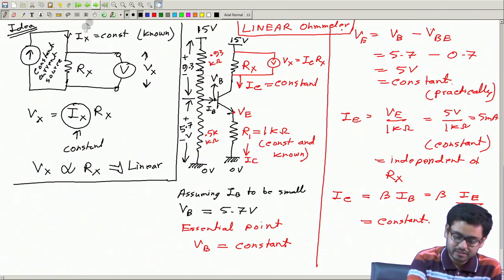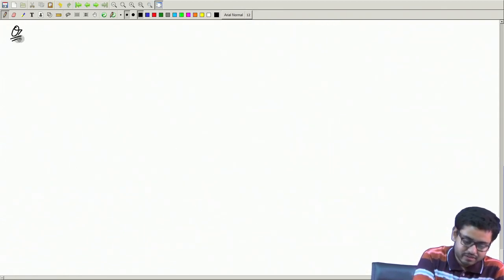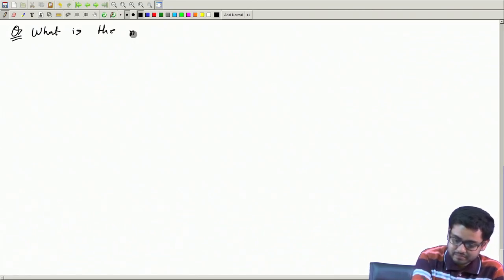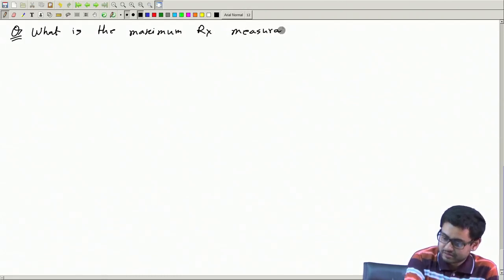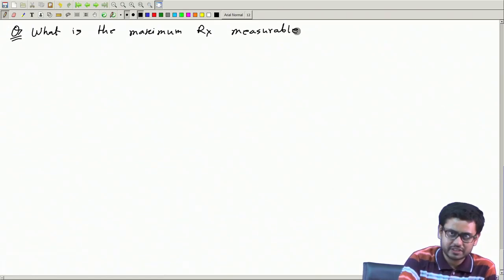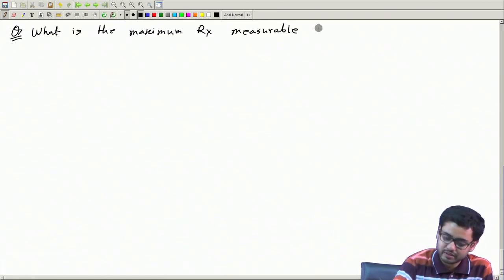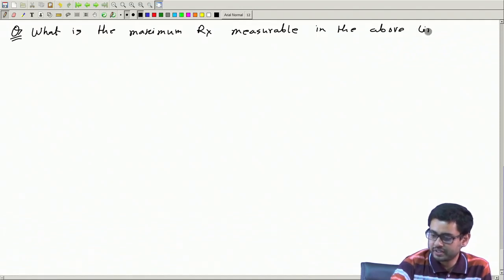So let us ask, approximately what is the maximum Rx measurable in the above linear ohmmeter.